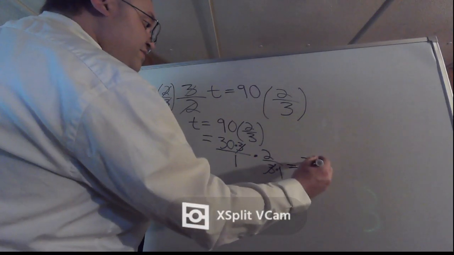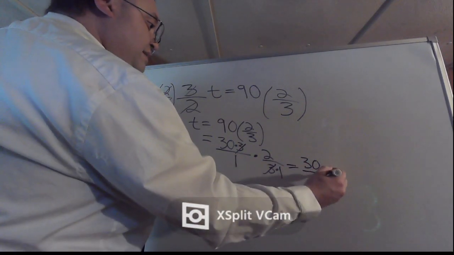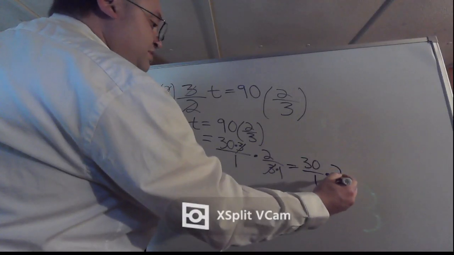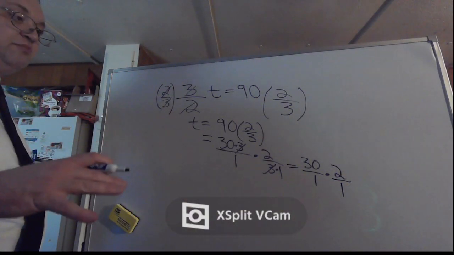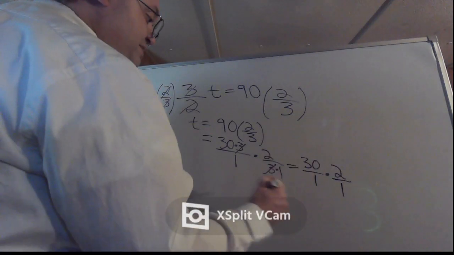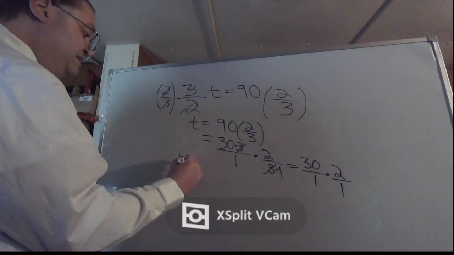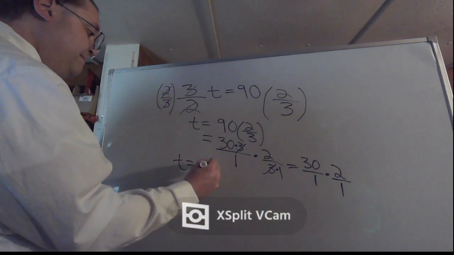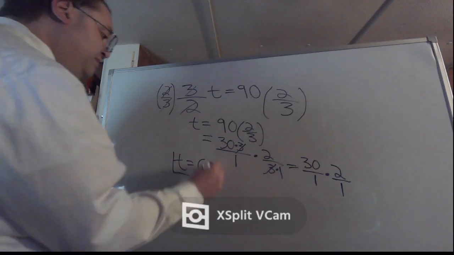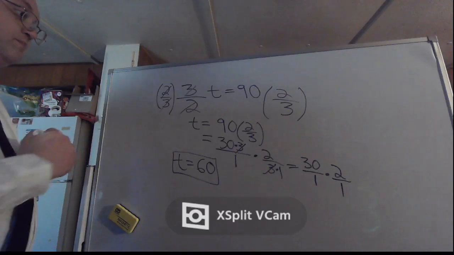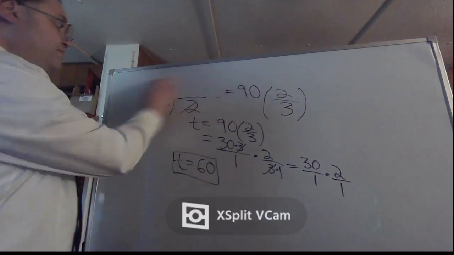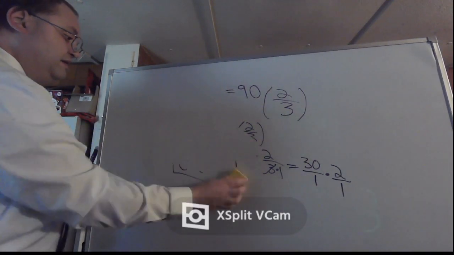So now we have 30 over 1 times 2 all over 1. Well, the over 1's are always going to be that number, so it's just 30 times 2. It turns out t is going to equal 60. In the end, t will equal 60, and that would be your final answer. I got more.